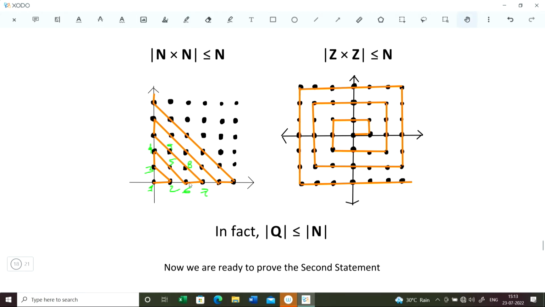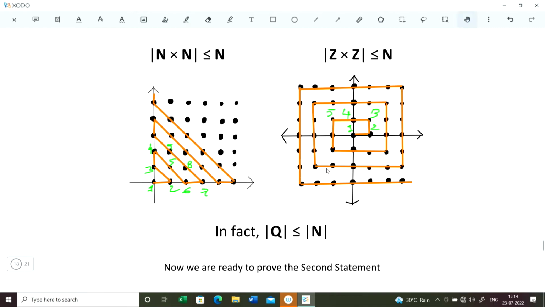And in a similar pattern, the Cartesian product of the integers by integers also we can count. It cannot exceed the cardinality of natural numbers because we can count that also, like 1, 2, 3, 4, 5 and so on.